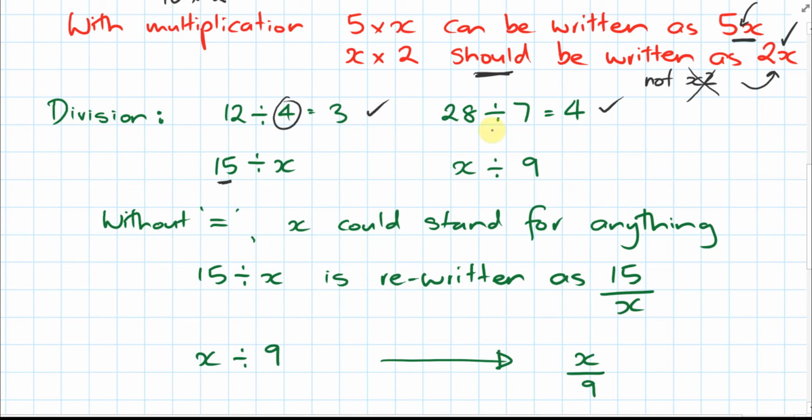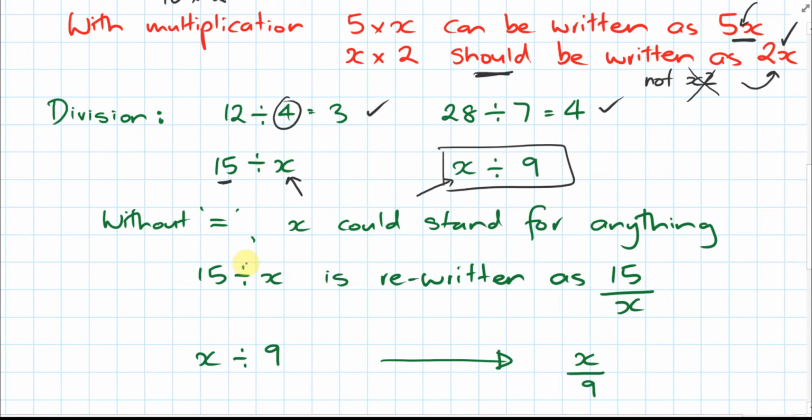We can also write division expressions as such. So we've got a number divided by 9. So again, if we didn't know the number statements, then these values here or these variables here could stand for any number.